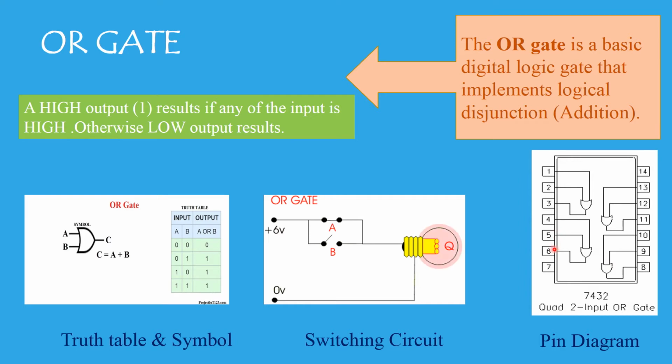And always, as I've told you, the 7th pin is going to be your ground and the 14th pin is going to be the positive of your supply. And remember, pins 1, 2, 4, 5, 9, 10, 12, 13 are going to be your inputs, and pin 3, pin 6, pin 8 and pin 11 are going to be your outputs.